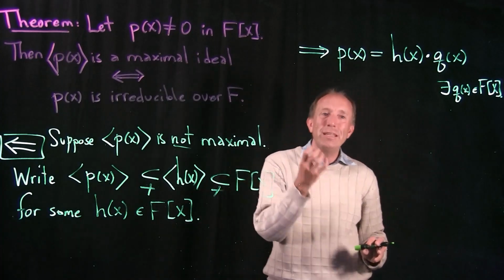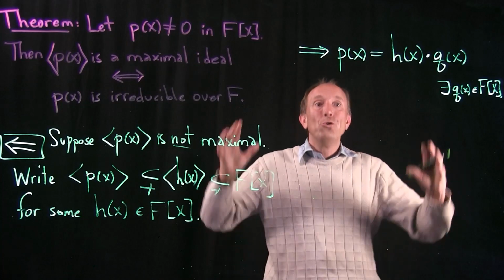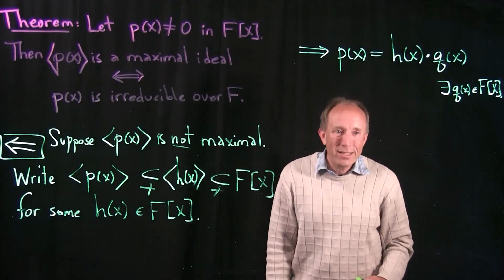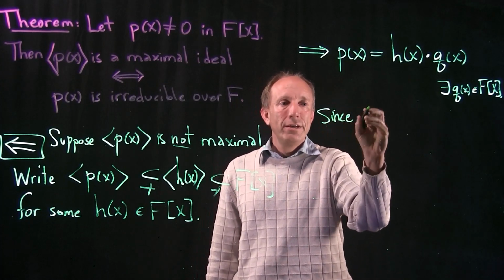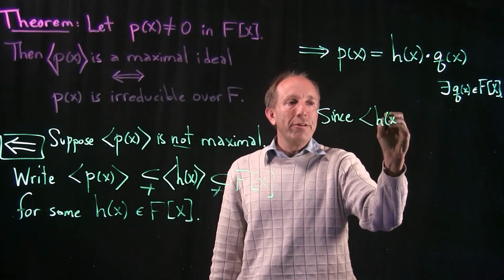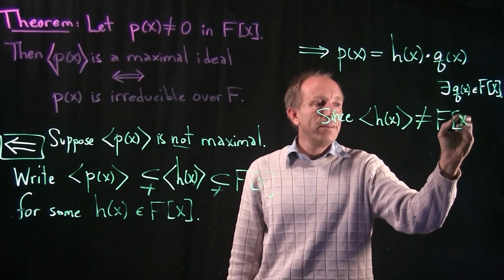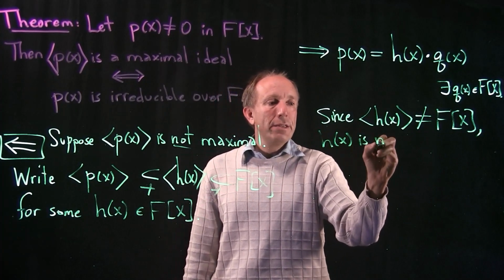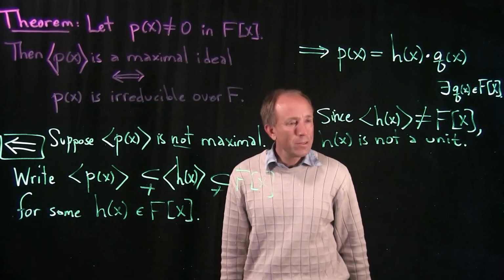Anytime there's a unit inside of an ideal, that ideal is the whole big ring, the whole big universe. So h of x is not a unit. Let's write this down. Since the principal ideal generated by h of x is not the whole F of x, h of x is not a unit.